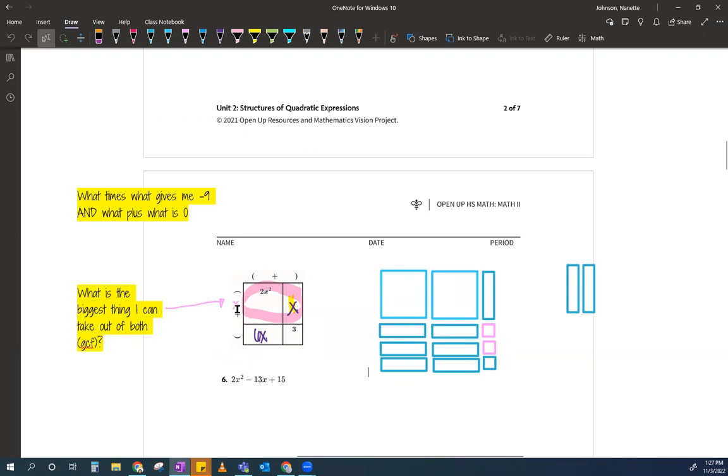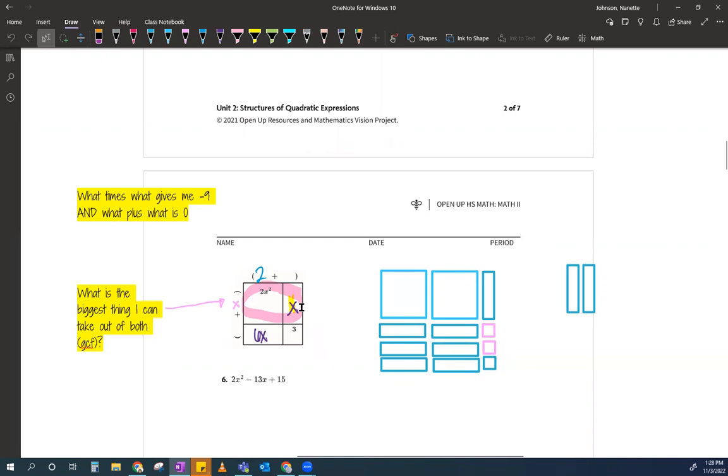So I say X times what gives me 2X squared? X times what goes here? Yeah, 2X. Very good. So then X times 2X gives me 2X squared. X times what gives me X?